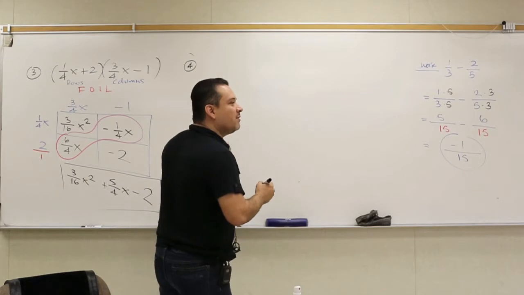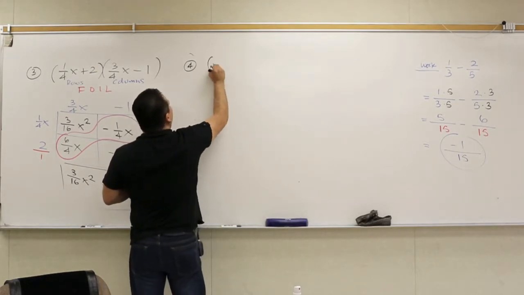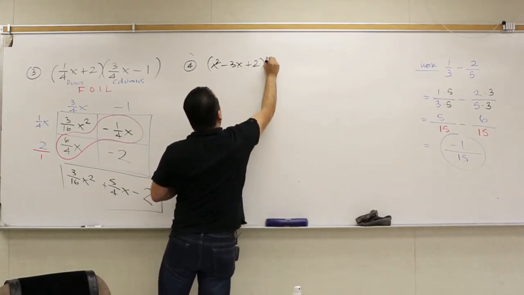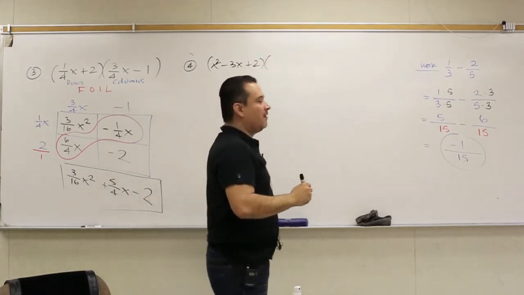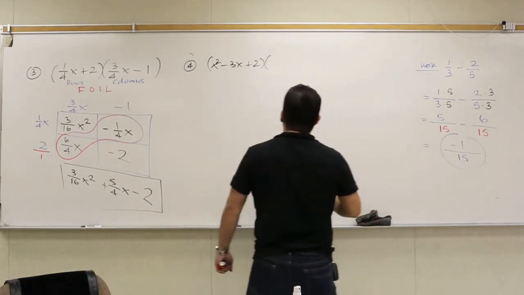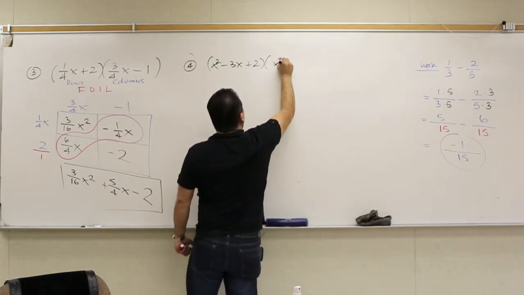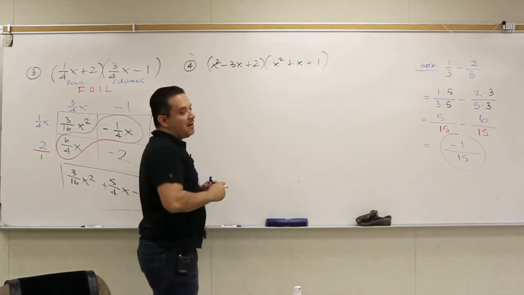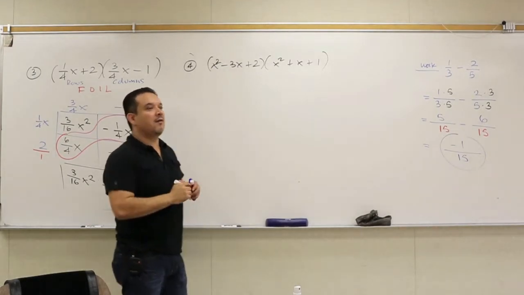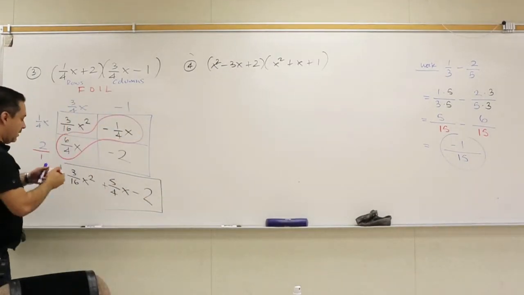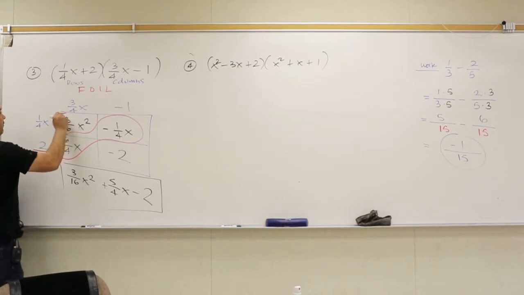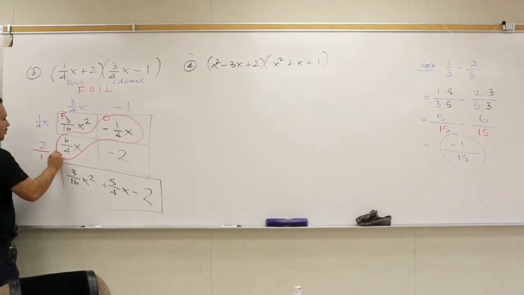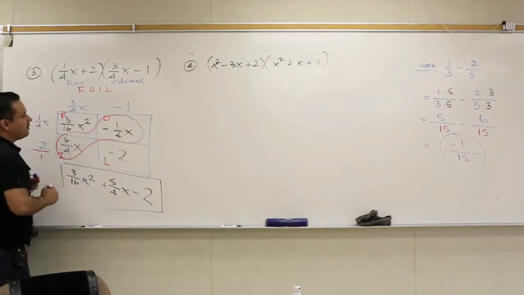X squared minus 3x plus 2? Is this the one that people get scared about and say, oh, forget it, I'm going home? Right, what's the x squared plus x plus 1? Look at this. Now, we can't call it FOIL anymore, because FOIL is specific. It's product of the first terms, product of the outer terms, product of the inner terms, product of the last terms.